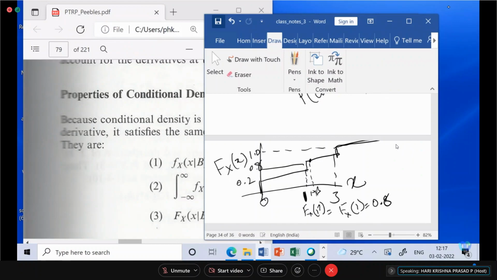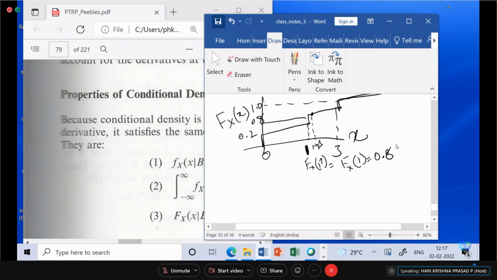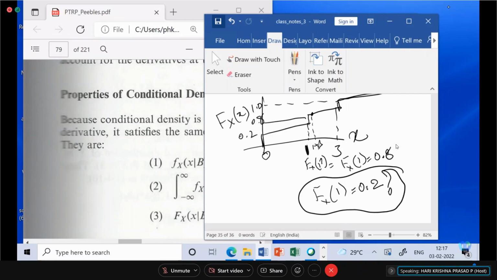Then someone may argue, why F_X(1) should not be taken as 0.2. It is a logically valid question.